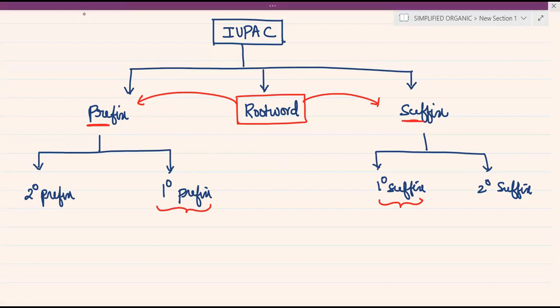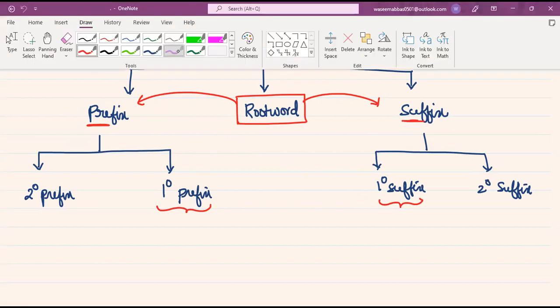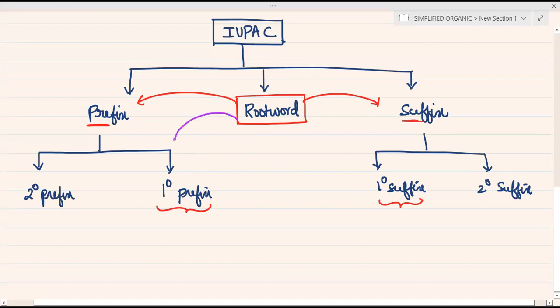If you move 2 steps backward, it will be the secondary prefix. And if you move 1 step forward, you will get the primary suffix, and if you move 2 steps forward, you will get the secondary suffix. So in this way, the IUPAC name is classified in different parts.